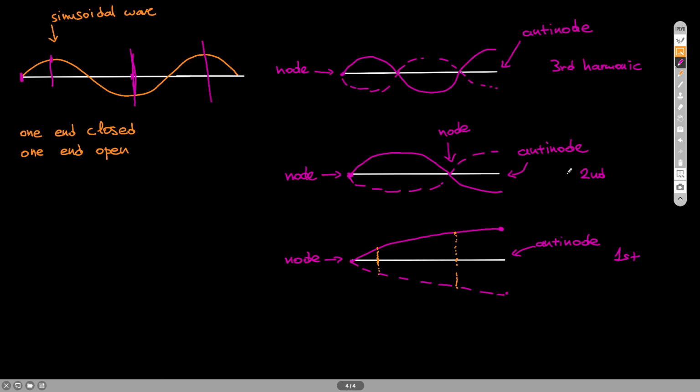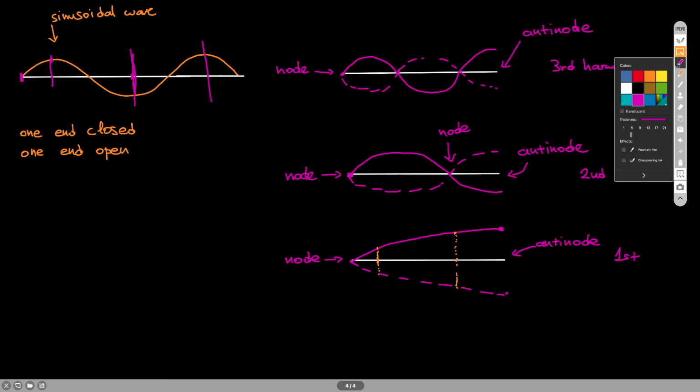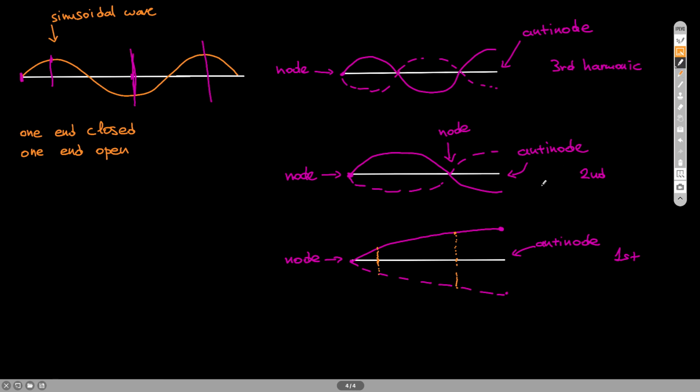Now, I also need to think about the wavelength of these harmonics, and I'm going to work on that here. Let's say the length of the string is L. It's always the same string, so the length is always L. For the first harmonic, I have the length of the string. Now I need to think, what portion of the wavelength do I see here? Let's go back to my picture.